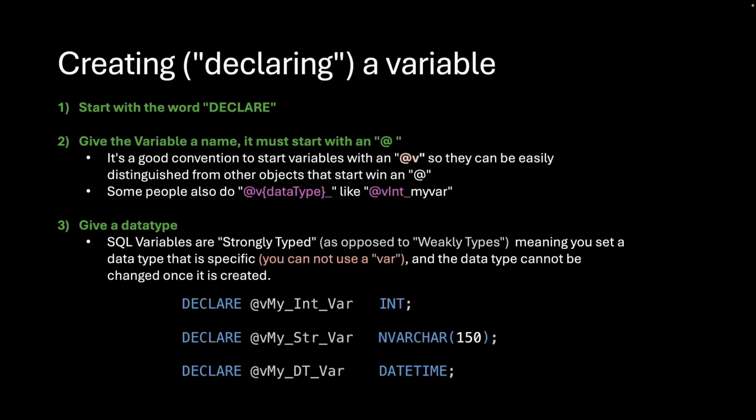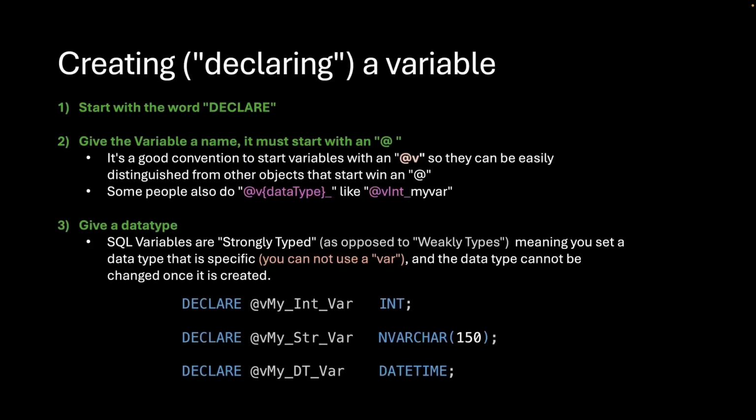There are a lot of people who like to do @v and then a data type and then their variable name. So you can see an example there, sort of in the pinkish purple, right? The @v int my var. That way they know whenever they're looking at stuff that that's an integer variable with whatever it's got in it. I typically don't go that far. I try to keep descriptive variable names that you can tell what's going to be in it, right?